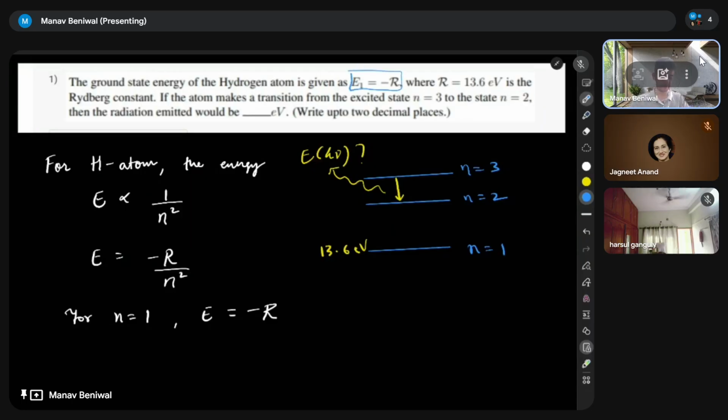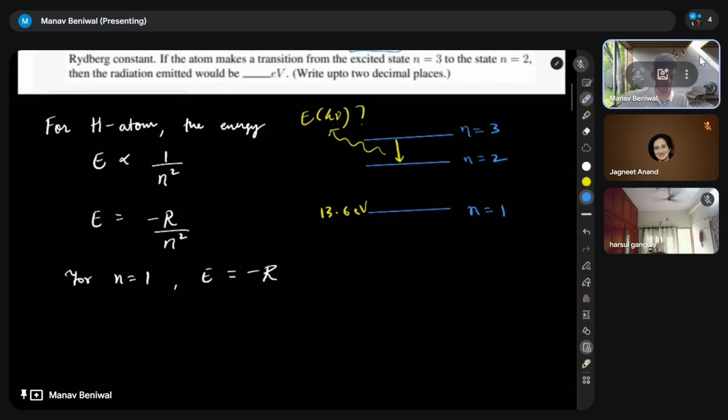Now we have to check for n equals 2 and n equals 3.